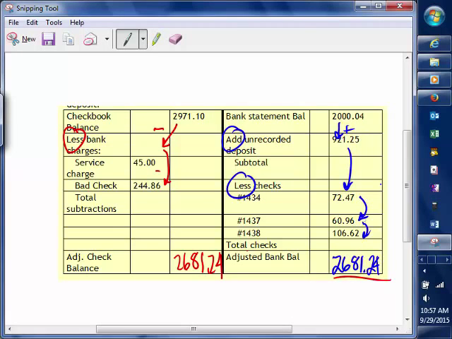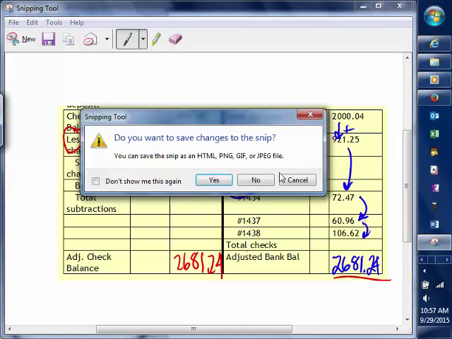So we have the same number on each side.